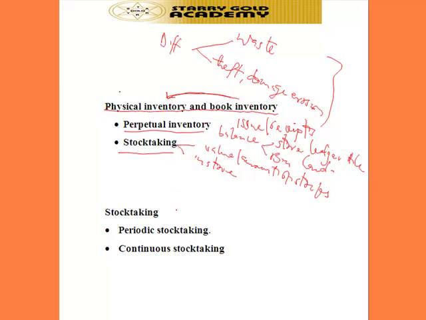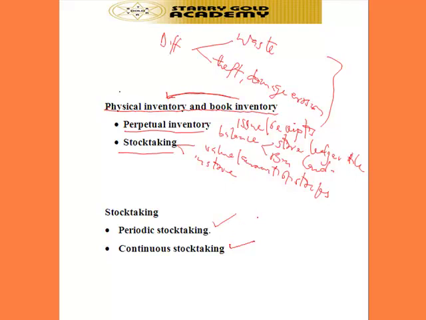Now we have two types of stock taking, or two techniques. We have the periodic stock taking and we have the continuous stock taking. The periodic stock taking in its own case involves checking the balance of every item of inventory at the same date.